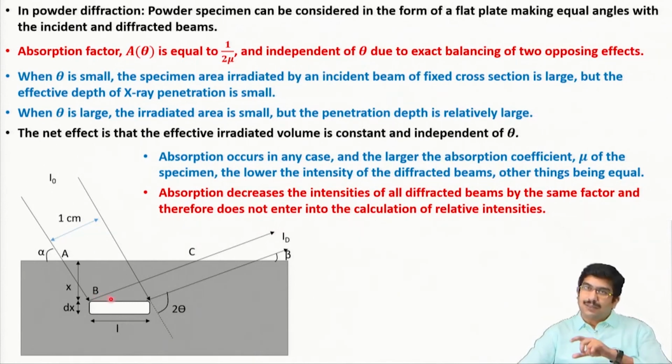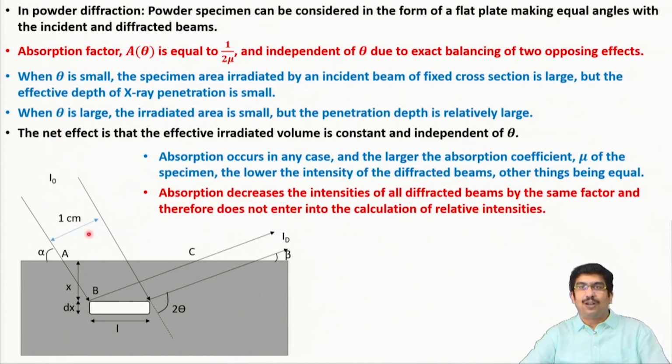Then exactly the reverse will happen if theta is large. If the angle of incidence is large here, then the depth of penetration will also be larger. Effectively, what will happen is that the effective irradiated volume, this cross section. So, at a shallow angle, the cross section will increase, but the depth of penetration will be small.